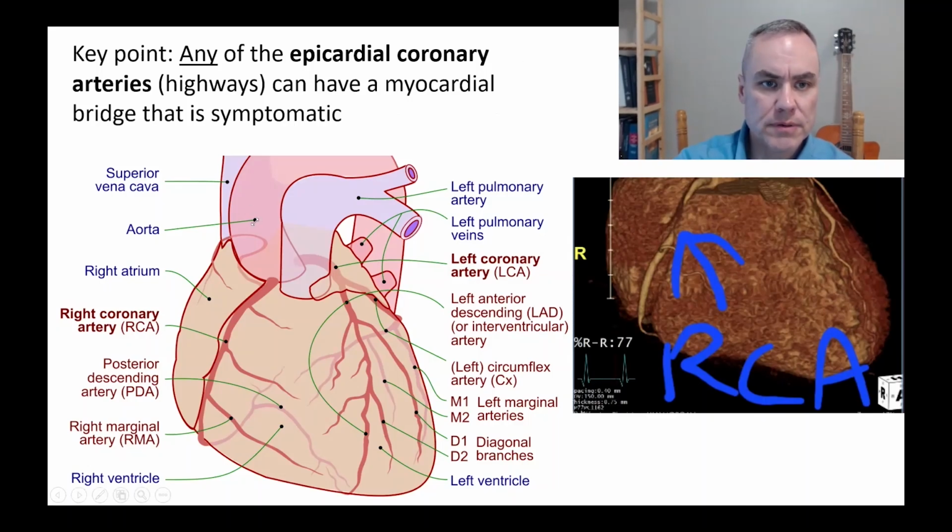Here's the aorta. Remember, it's a mirror image. The right of the viewer is the left of the person whose heart it is, and the left side as you look at it is the right side of the person, just like a normal person you'd be looking at.